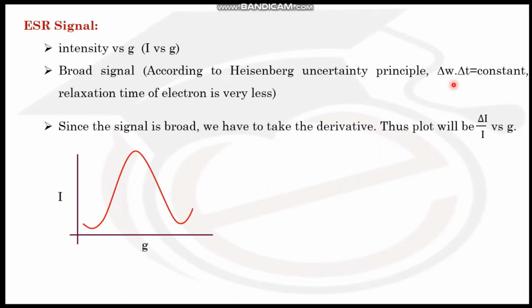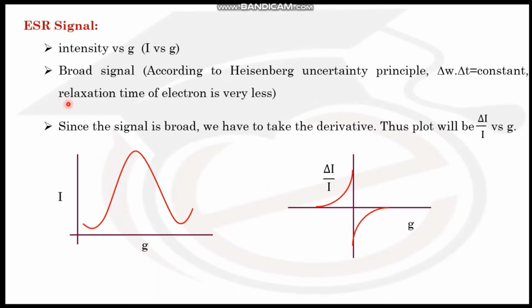At that time we have to take what? The derivative. Then the plot will be delta I by I versus g, and this g is almost similar to the delta value in NMR. In NMR we take the chemical shift value, almost the same meaning as this g value.